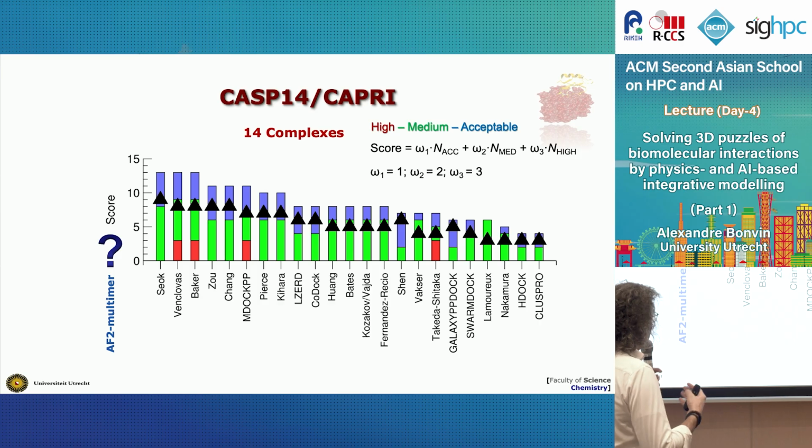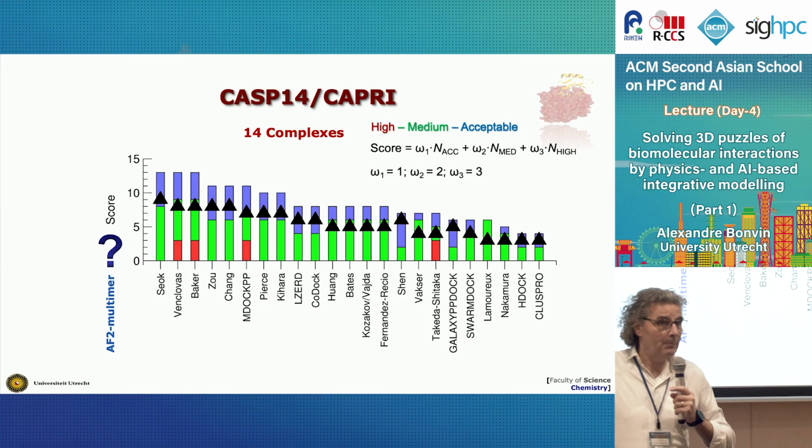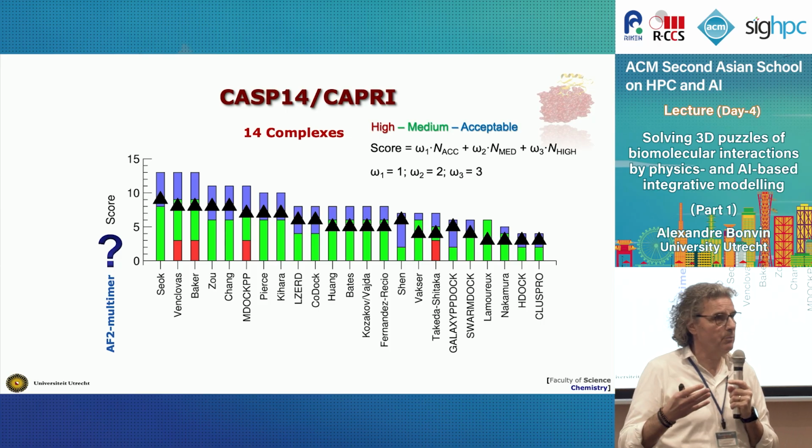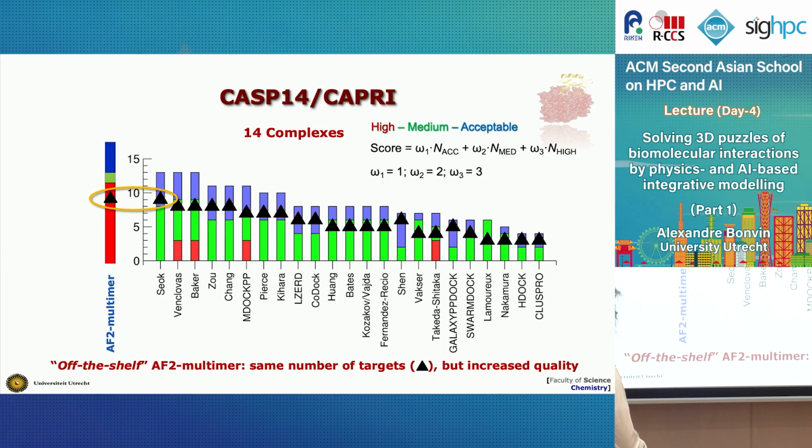Now, at the time, AlphaFold was not used. AlphaFold appeared in CASP 14, so they didn't apply it to complexes at the time, but we took AlphaFold 2 multimer and then predicted the targets of CASP with it. And this is what AlphaFold 2 would have done using it off the shelf.